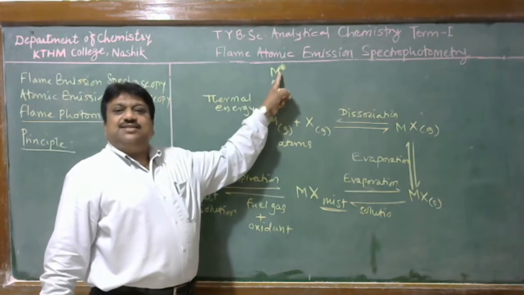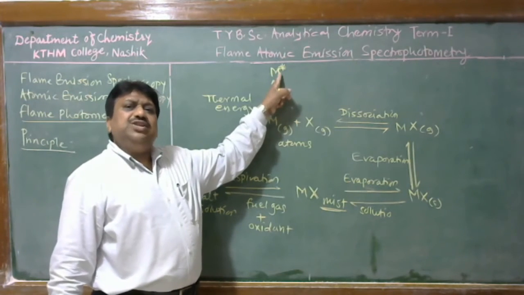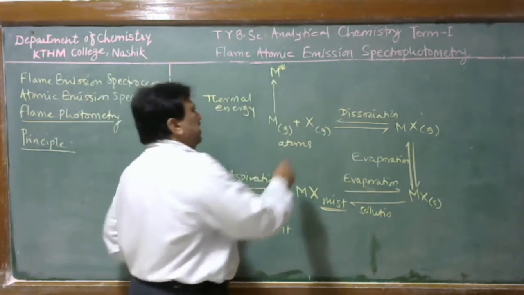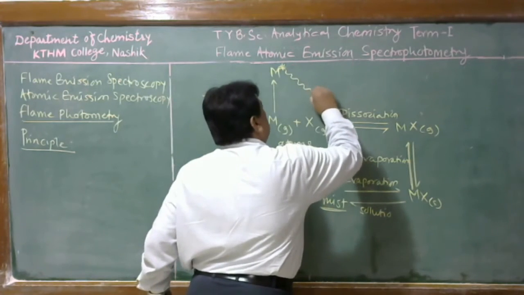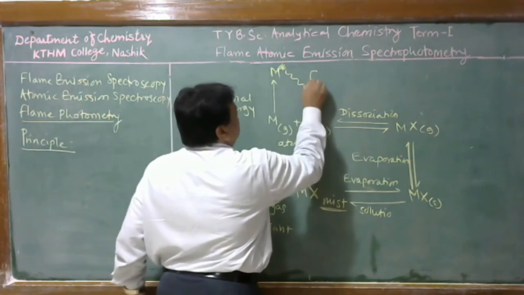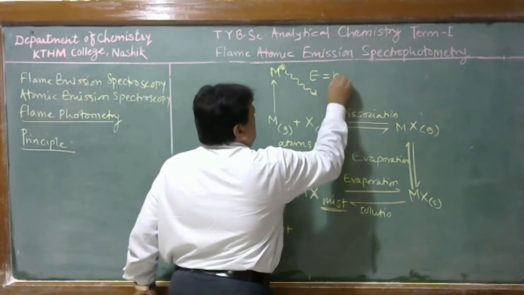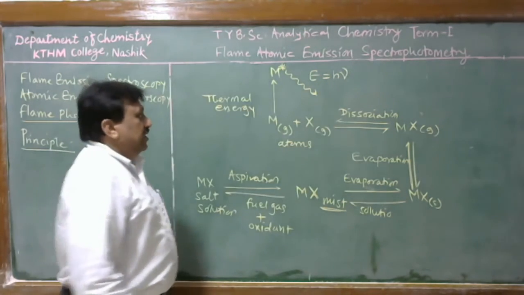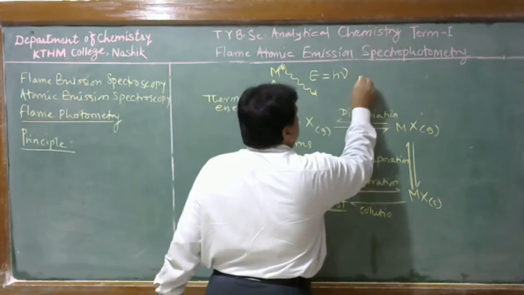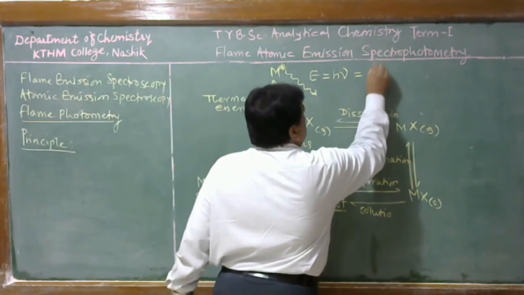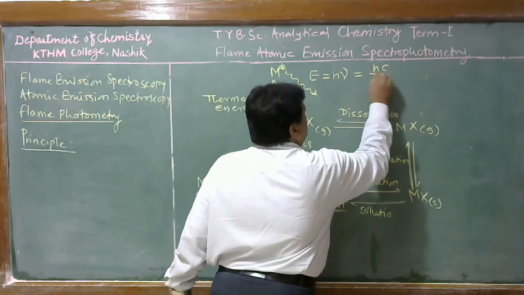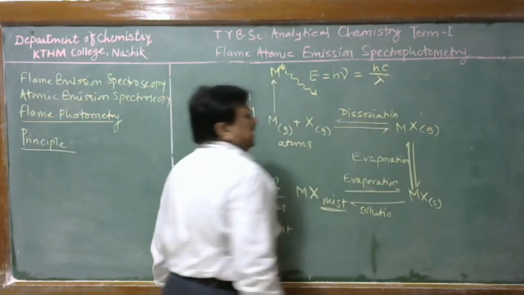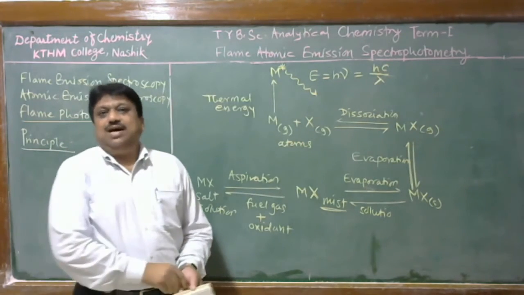This excited state of any matter has a very short lifetime, and when it comes back to ground state level, it emits the absorbed energy as h nu. The energy of emission is equal to hc upon lambda, since nu is equal to c upon lambda.